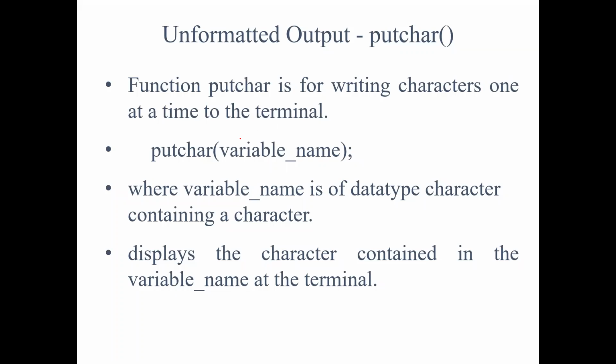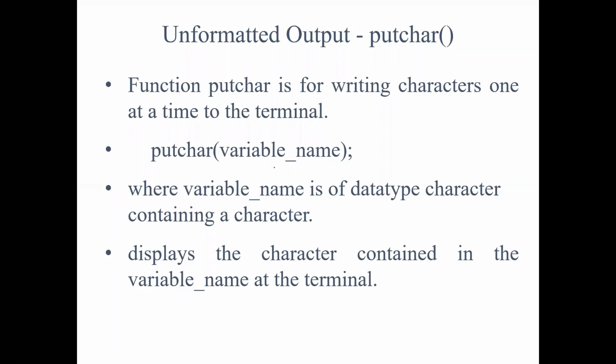Some functions will not have an argument and will not return anything. getchar is a function which will be returning a character value, but it will not be taking any arguments. But putchar will be taking an argument.